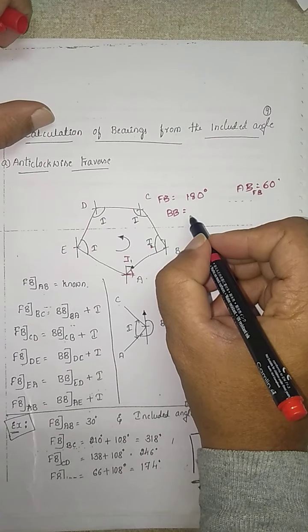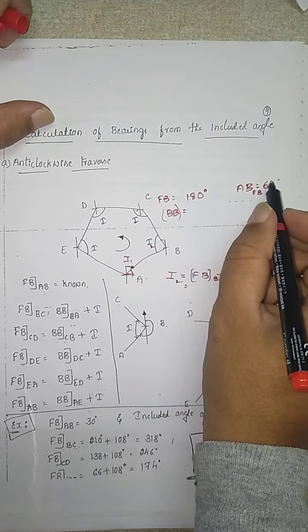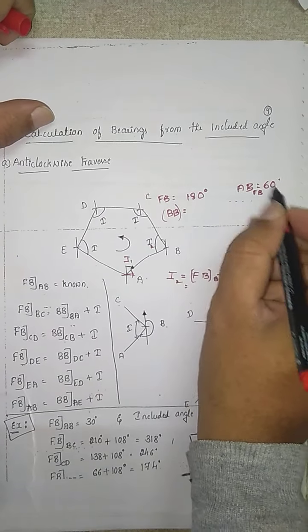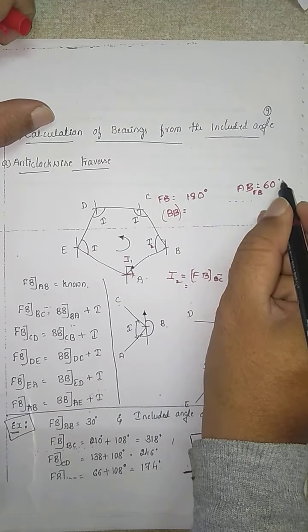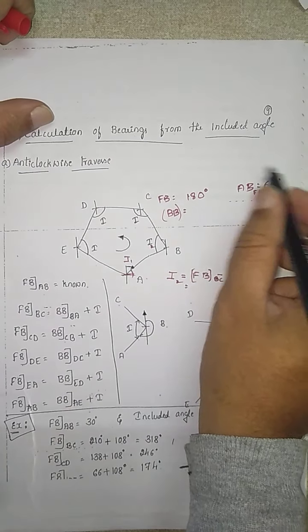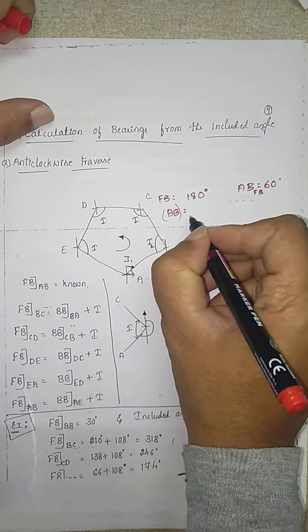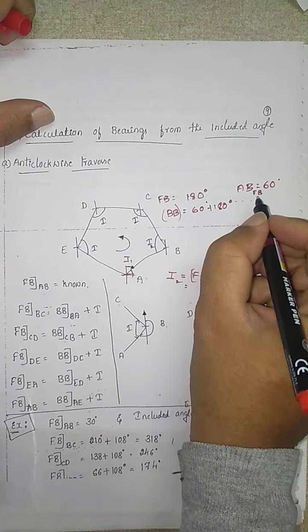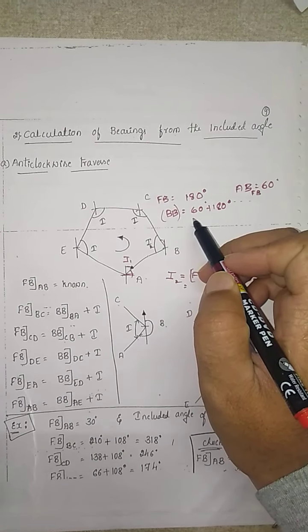Now if you want to determine the AB back bearing, since it is less than 180 degrees, you are going to add 180 to 60. Since the AB fore bearing is less than 180 degrees, you have added it.